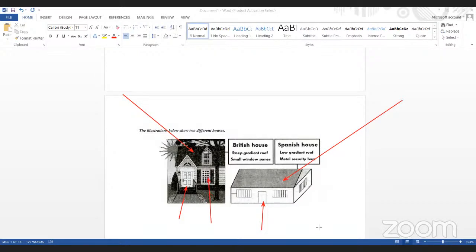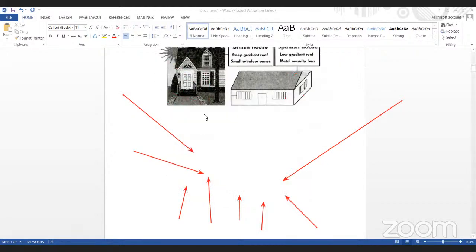You can see a clear difference in it, right? The window shades. These are the main comparisons which you need to do. So it's a homework to do this one.